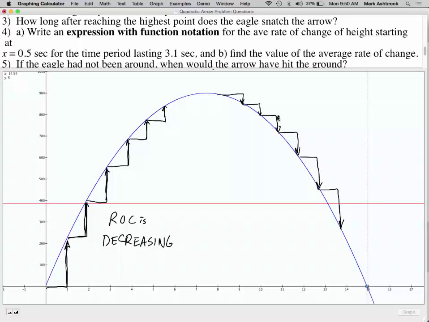Are they negative or positive changes? Negative changes. Are they getting more negative or less negative? More negative. Numbers that get more negative are decreasing. These are decreasing changes. So the rate of change is decreasing. So the rate of change is always decreasing for this arrow. And that's why the graph is always concave down.